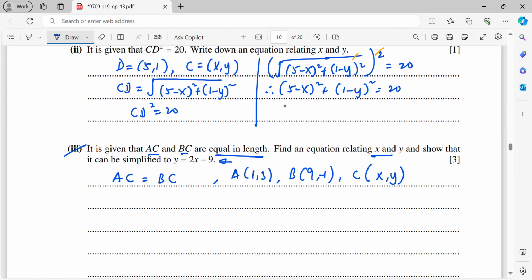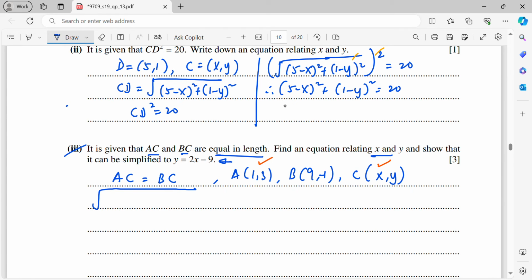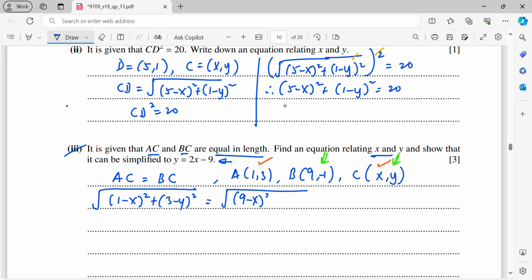So now, square root. Use A and C: I will get the square root of (1 minus x) squared plus (3 minus y) squared. That equals the square root of, for BC, use these 2 points, (9 minus x) squared plus (minus 1 minus y) squared.